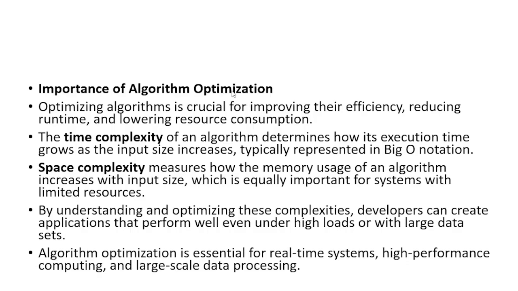Now algorithm optimization. Optimization means making efficient use of whatever resources we have. This can be done in two ways: one is time complexity and another one is space complexity. Time complexity is measured in terms of big O notation. This we are going to see in the following topic also.